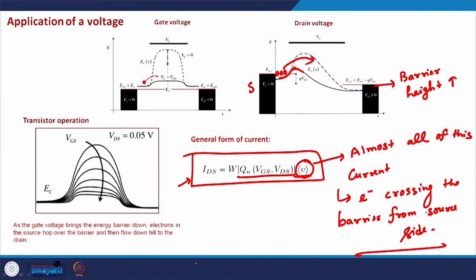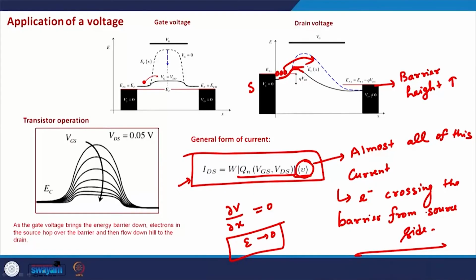If we take the gradient of this curve, del V by del X, this is 0. So the electric field tends to 0 at the peak of the barrier. So this is the velocity of charge carriers in the absence of any electric field. This is the velocity just because of the diffusion of the charge carriers without any external influence of the electric field. In a way, this is just the thermal velocity of the charge carriers.